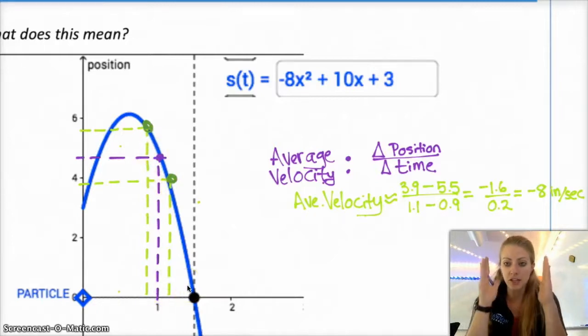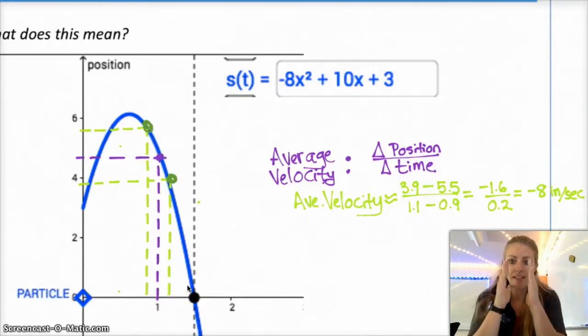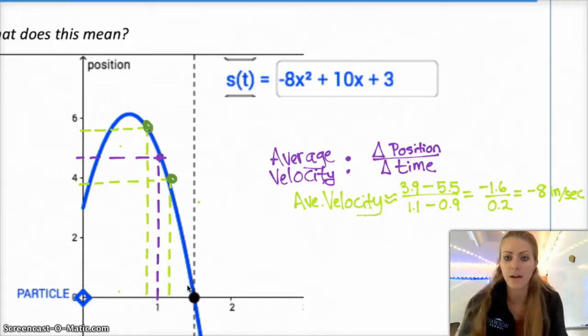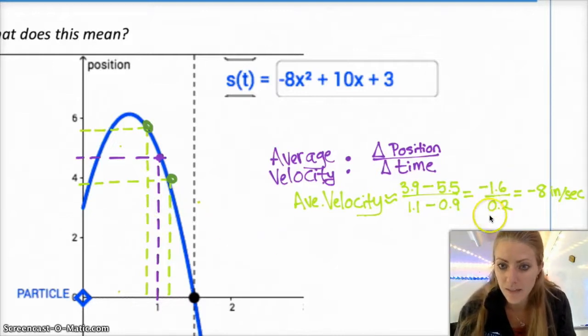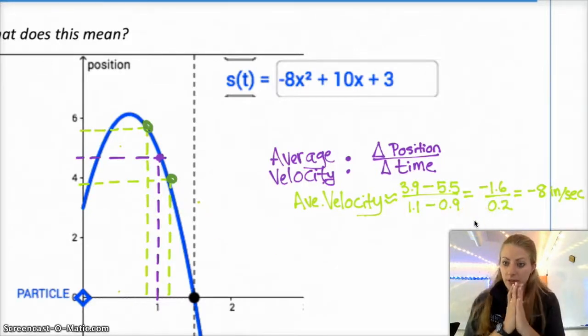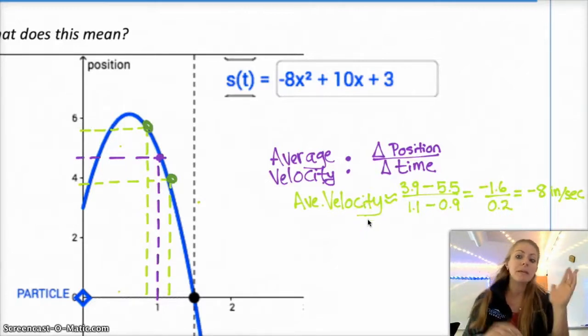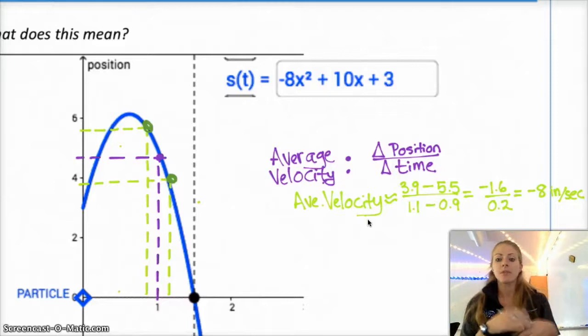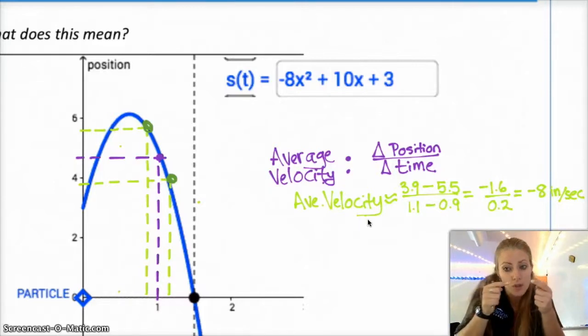And what I'm doing is I'm making that width on the x-axis as close to 0 as possible without making it 0, right? Because if I'm actually going over 0 on the x-axis, then I would be dividing by 0, and that's bad. So this should be starting to ring some bells that this is related to something we just did in the last chapter, right? I'm getting closer and closer to 0, but I'm not actually equaling it.